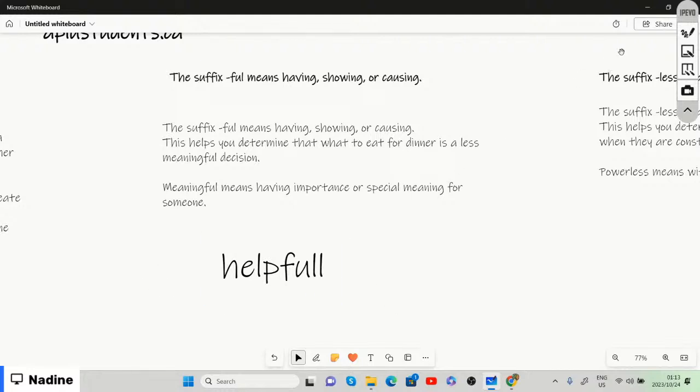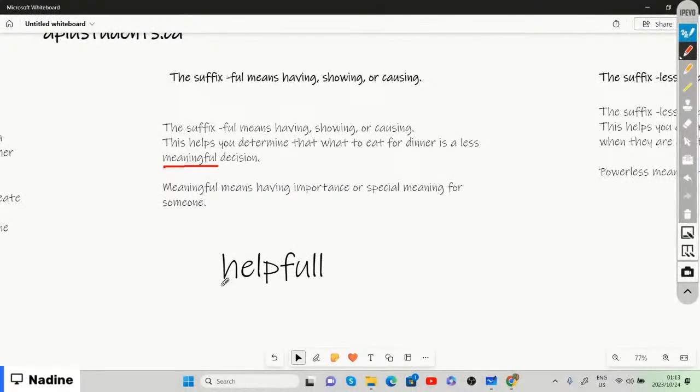If we look specifically at the word help, the meaning of help is to make it easier or possible for someone to do something. So it's basically offering your services or your resources to make things easier for the next person.